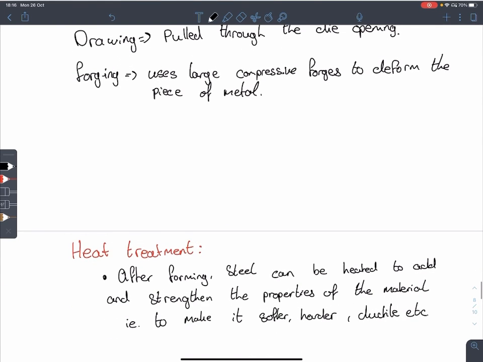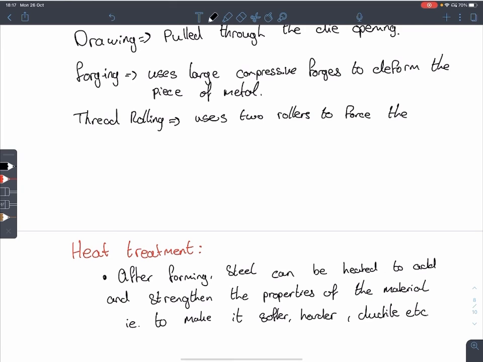We have thread rolling. It is basically using two rollers with grooves on them to turn the bar into a threaded pattern. So here it uses two rollers to force the thread pattern into the part.